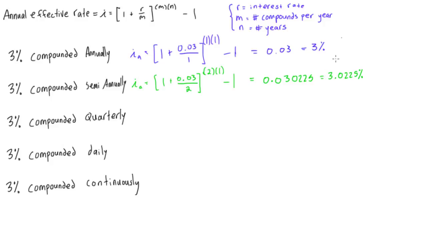Now, just before we move on, I'm going to show you that this works, so you don't get confused, because this can be kind of a weird topic. First of all, we'll find out what the future value of an investment at this percentage is. If future value is equal to present value times (1 plus i) to the n, let's say that we invest $100 at this 3.0225%, so that would be 1.030225, raised to the power of 1, since we're just investing for 1 year.